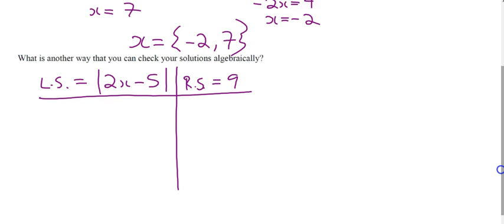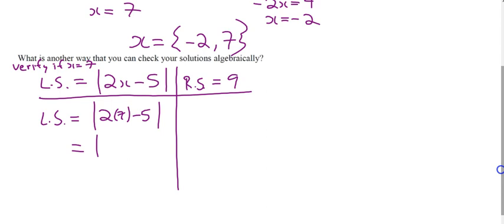Here we're going to verify if x is equal to 7. The left side is the absolute value of 2 times 7 minus 5, which is the absolute value of 14 minus 5, which is the absolute value of 9, which is 9. Okay, it's equal to the right side. We don't have to manipulate the right-hand side at all, because the right-hand side has no variables. It's just equal to 9.